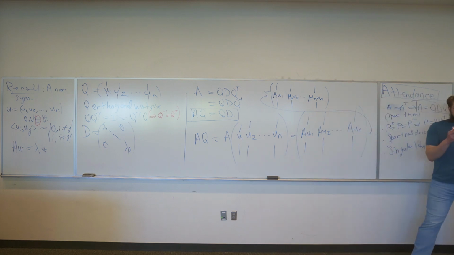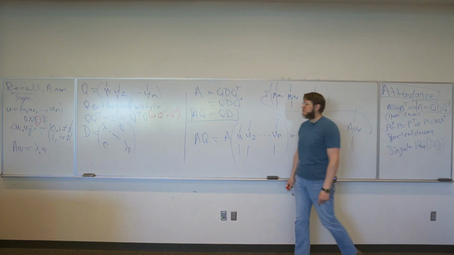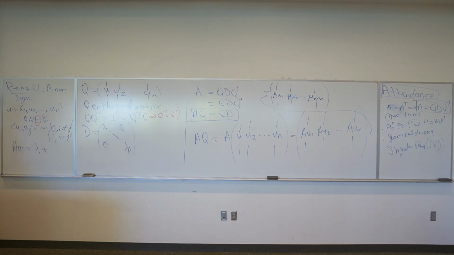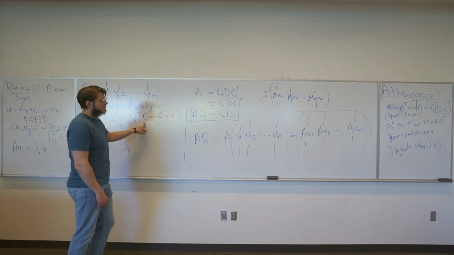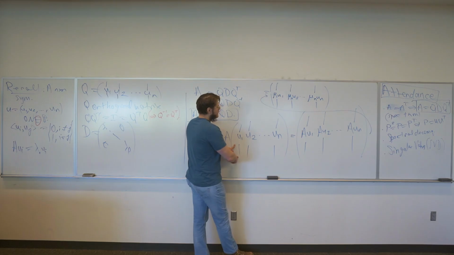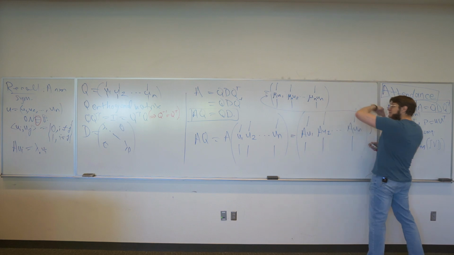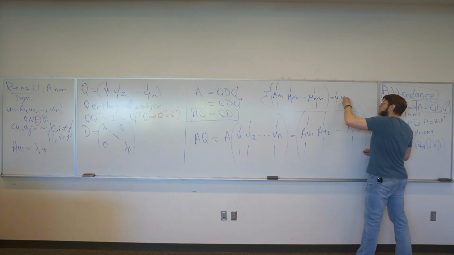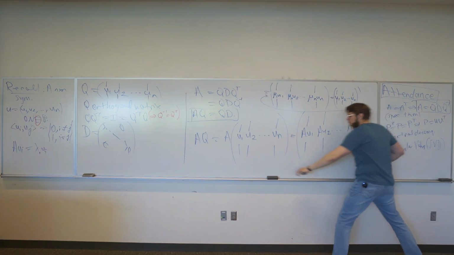But then I can think of this as the u1, u2, un matrix with some column operations. For instance, I took the Q matrix and scaled the first column by mu1, the second column by mu2, and so on, which allows me to factor out these scalars as a diagonal, with mu1, mu2 on the diagonal.